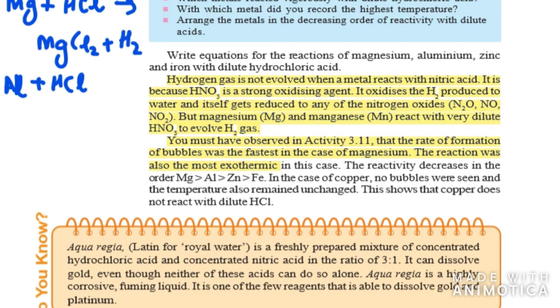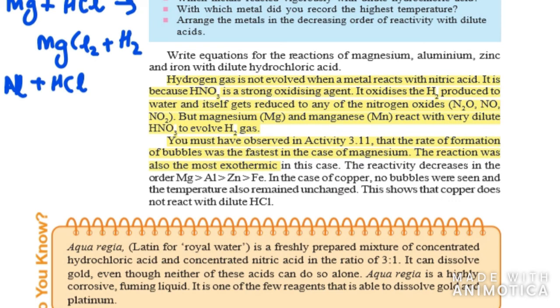It forms either N2O, NO or NO2, that is nitrous oxide, nitric oxide and nitrogen dioxide. But magnesium and manganese, when reacted with HNO3, do evolve H2 gas. So remember this.